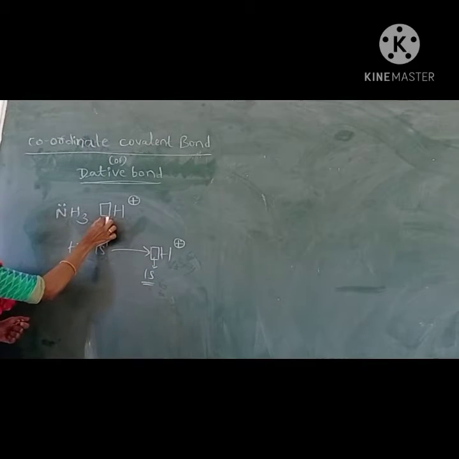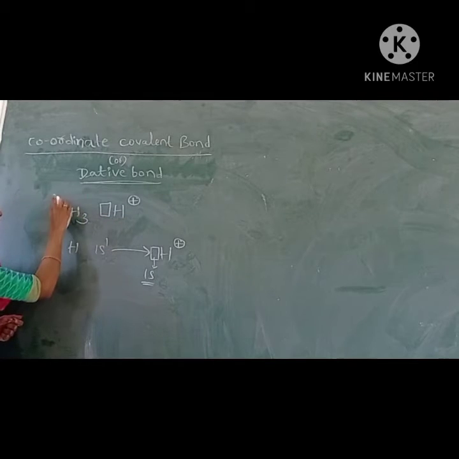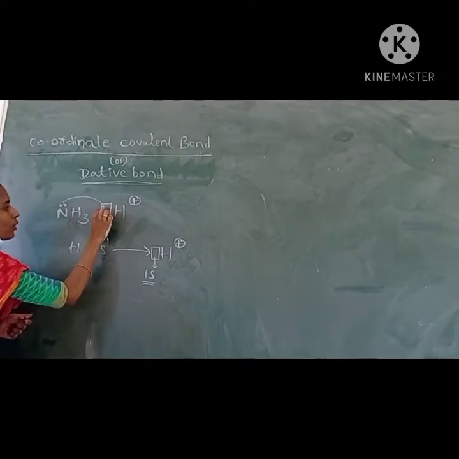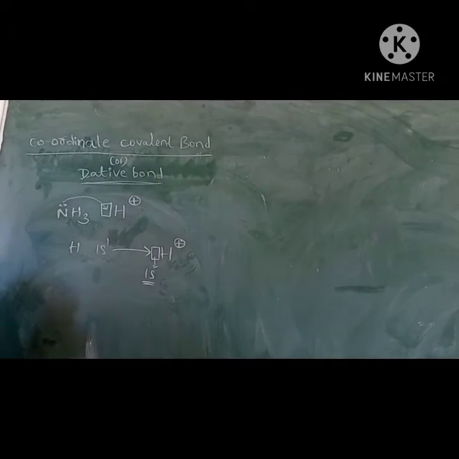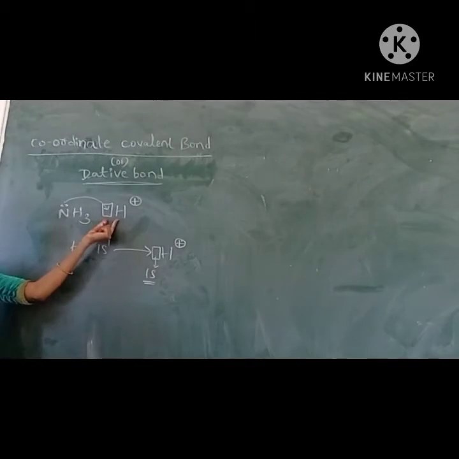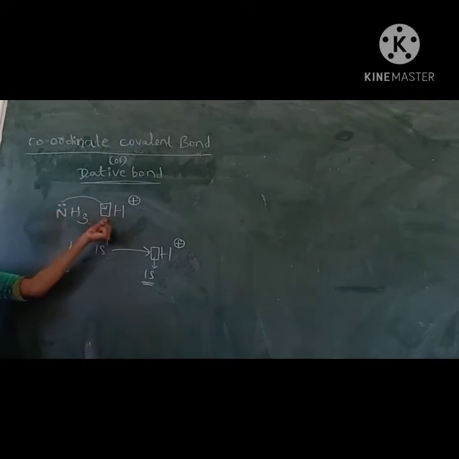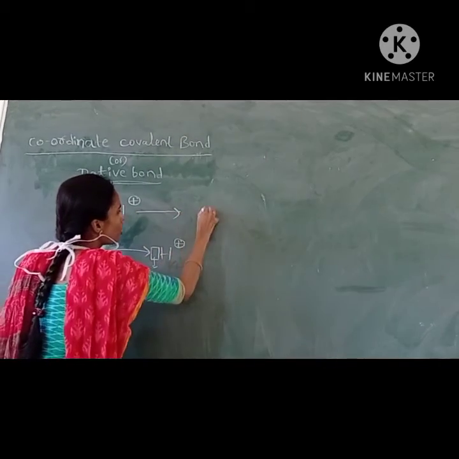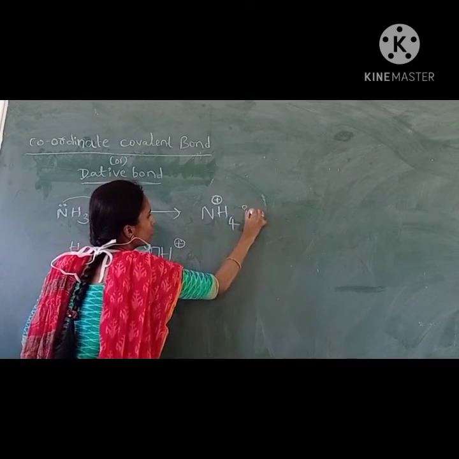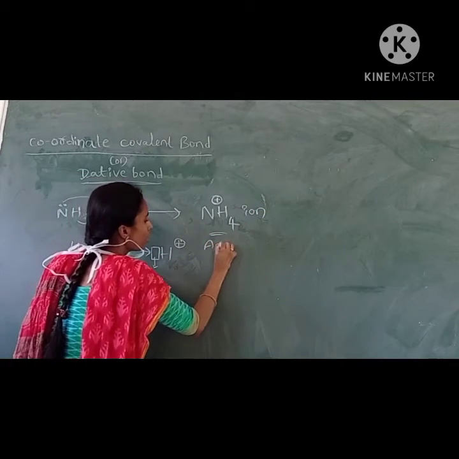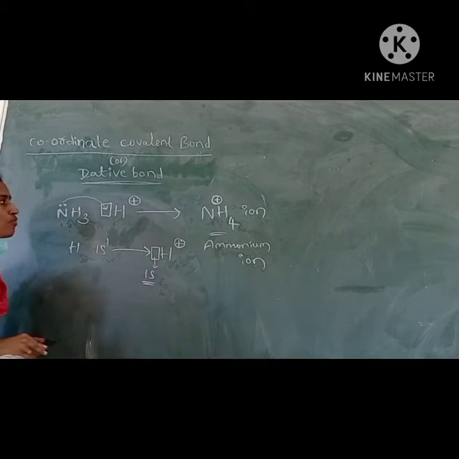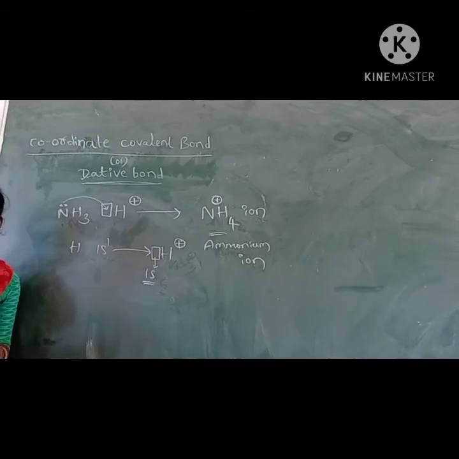So this atom has an empty orbital and nitrogen has a lone pair, excess electrons. These excess electrons are donated to the deficient atom. This electron pair is donated to this proton to form NH4 plus ion, which is called ammonium ion. This type of bond is called coordinate covalent bond.